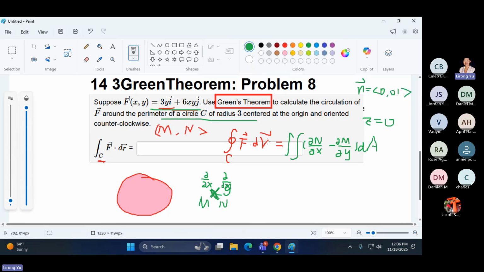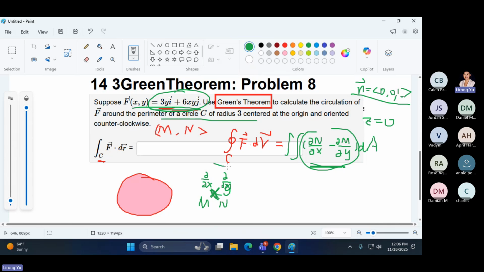The curl of this vector field, the last component, the z component, is the one we dot product with the normal vector. So there was no additional component to worry about. The two-dimensional version of Stokes' theorem is Green's theorem. So we can connect Green's theorem to Stokes' theorem because Stokes' theorem is the three-dimensional version of Green's theorem.